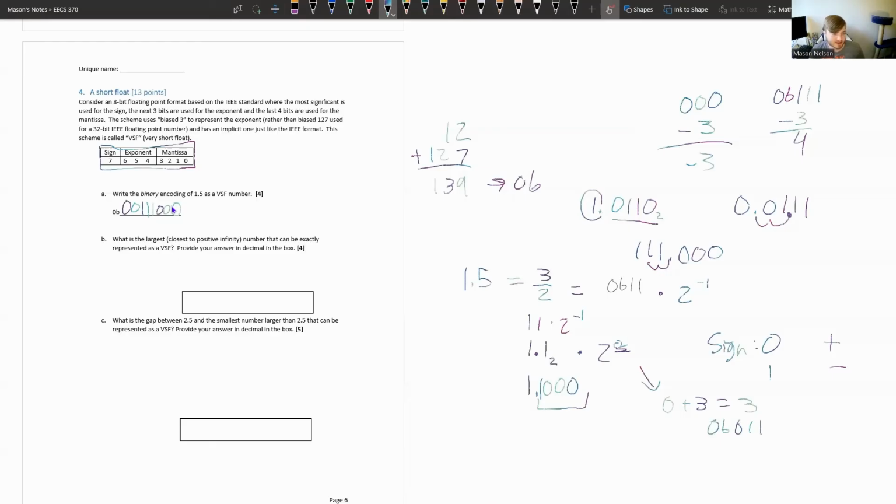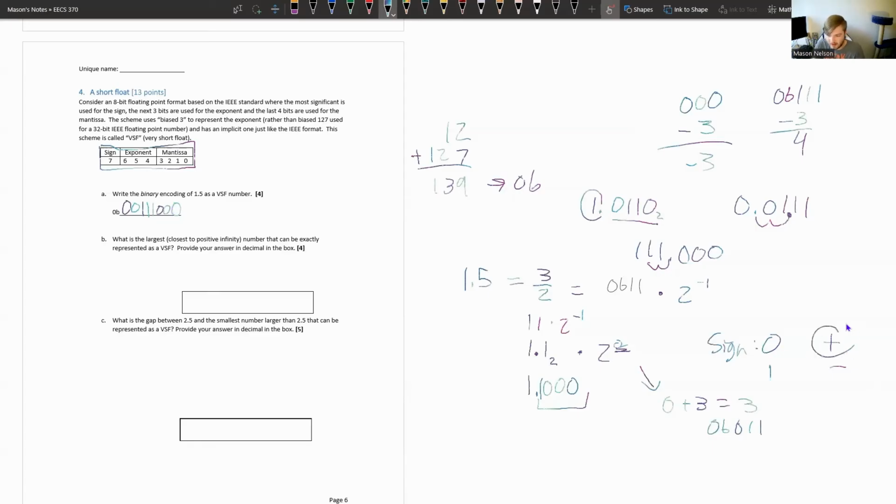Part B, what is the largest number, meaning closest to positive infinity, that can be exactly represented as a very short float? This calls back to the short answer question in problem 1, where we had to find the largest number we could represent in 6-bit 2's complement. This is going to be the same.